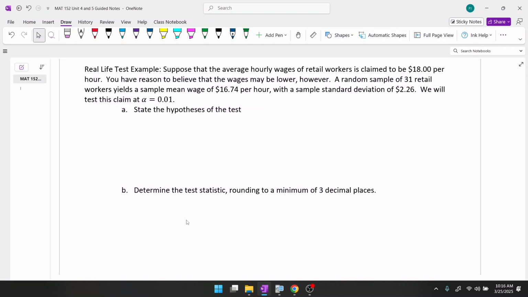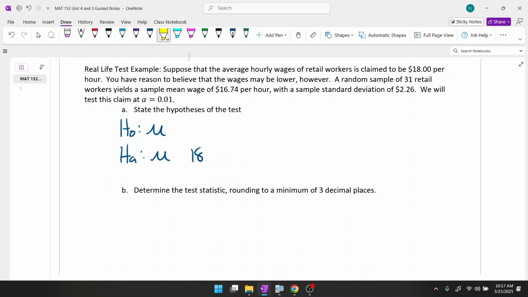So you have reason to believe that it is actually going to be lower. A random sample of 31 retail workers yields a sample mean wage of $16.74. So the null is going to be where mu equals 18.